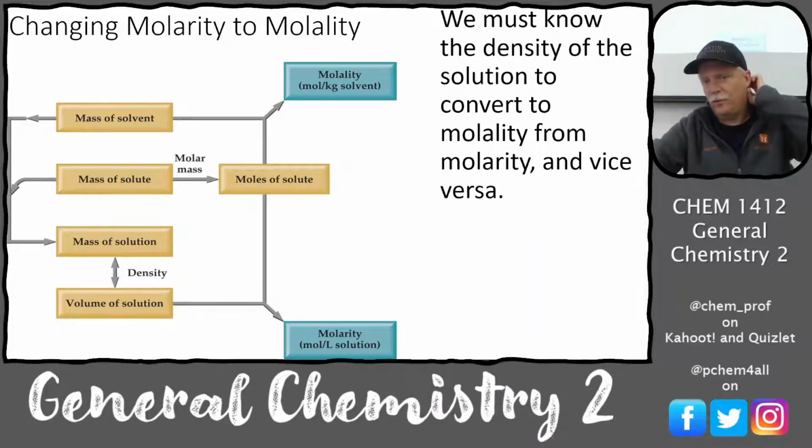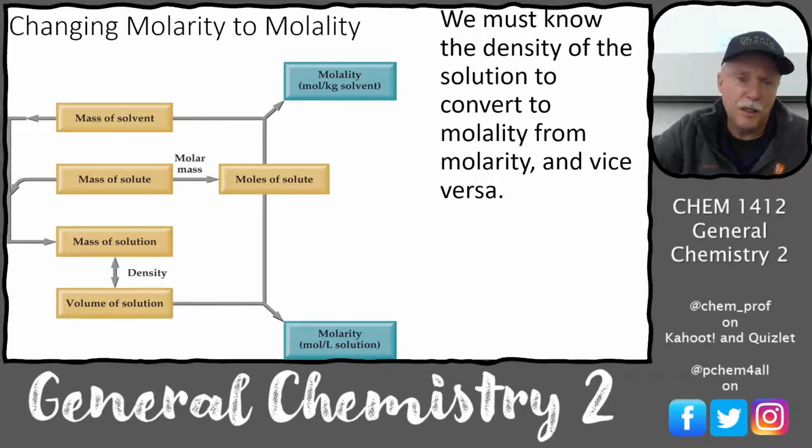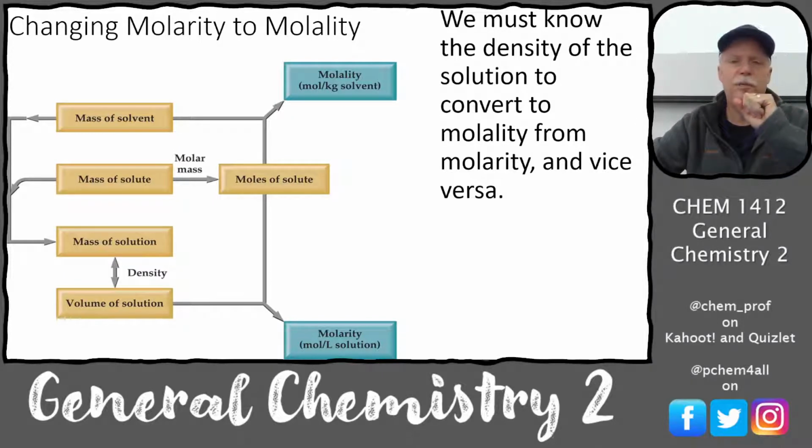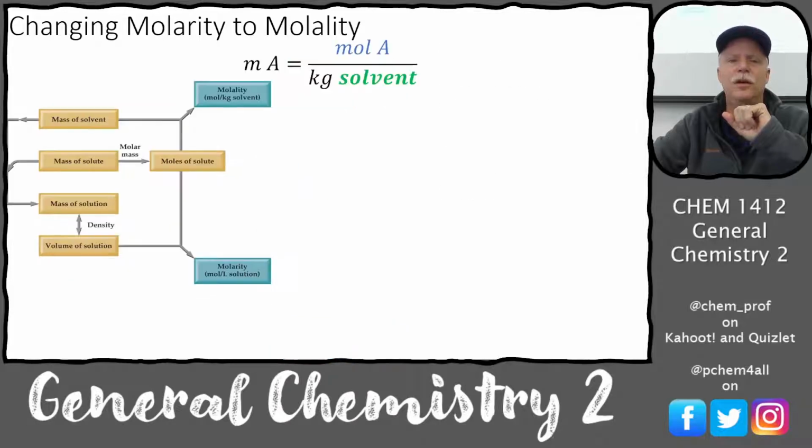And you can convert from one to the other, but you need to know the density of the solution. So I think this might be the last slide in your notes. I've done some calculations from here to calculate the conversion from molality to molarity. It's fairly involved, so I wanted to show it to you. Okay, so molality is moles of A per kilogram of solvent.